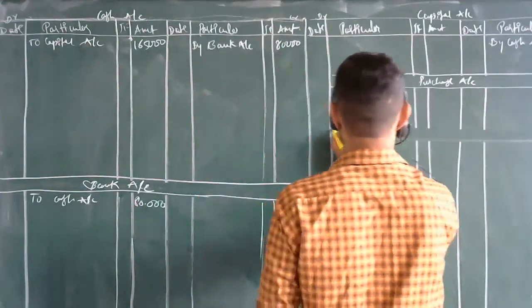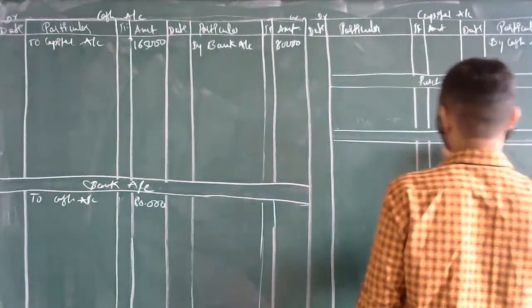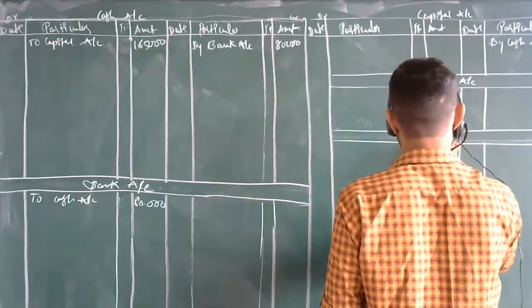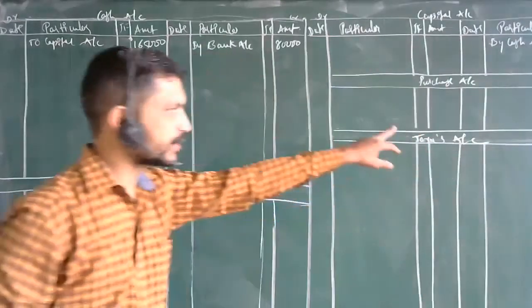Purchase account I will end in a small part. And one more, Tara's account. Separately, the individual account, Tara's account I am going to take.